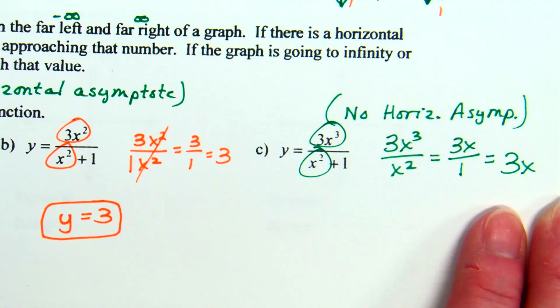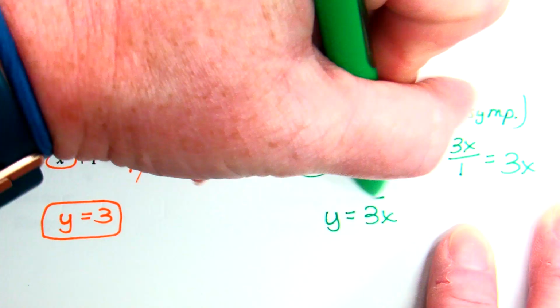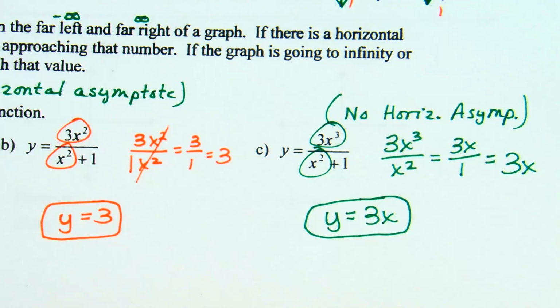Can you visualize the line y equals 3x? What's the line y equals 3x? It has a slope of 3, so rise 3, run 1, and a y-intercept of 0. So this graph, when I graph it, is going to be running alongside of this.